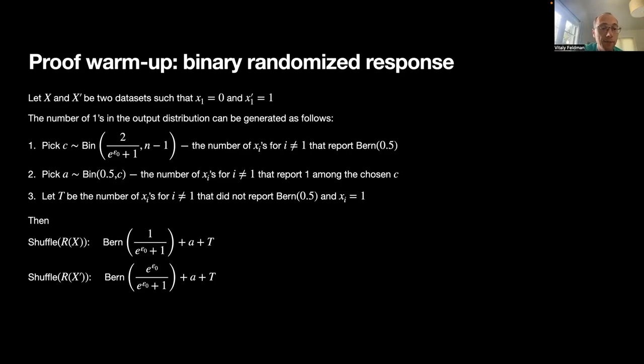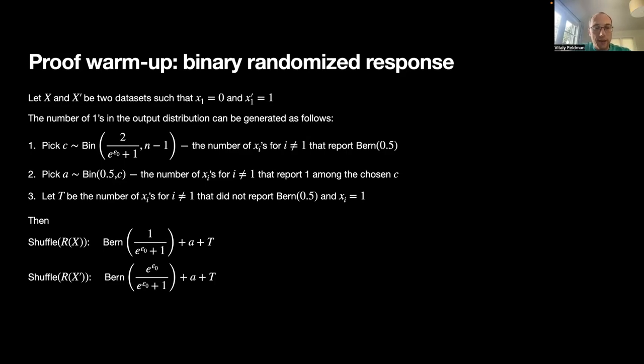At the same time, if we look at the distribution of ones on the data set X prime, it's the same distribution except for the first user, because they are reporting 1, so the first output will be this Bernoulli, e to the epsilon over e to the epsilon plus 1.